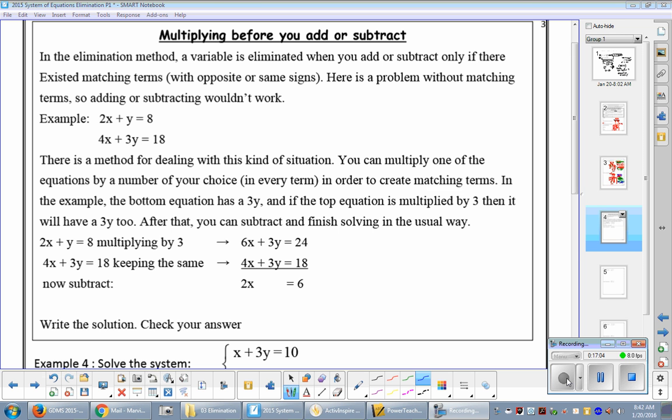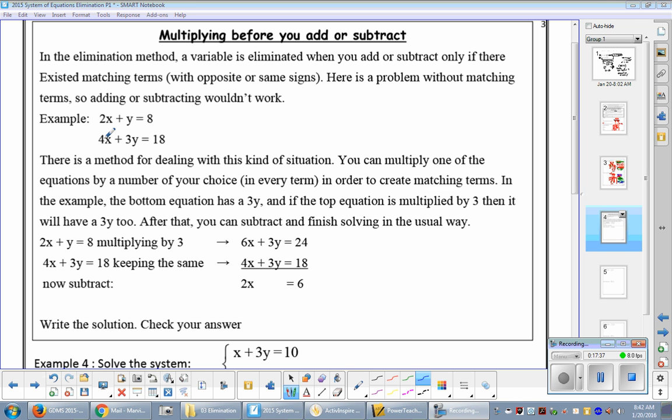If you look at this example, 2x plus y equals 8 and 4x plus 3y equals 18, there are no opposite terms and no same terms, so we cannot just add or subtract. If you add, x or y will not be eliminated. If you subtract, you also cannot eliminate either x or y. So how are we going to solve this type of system?